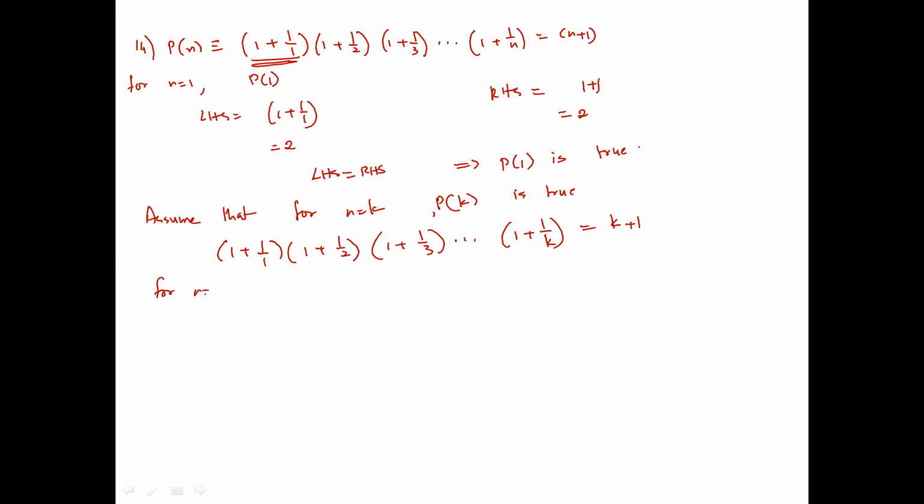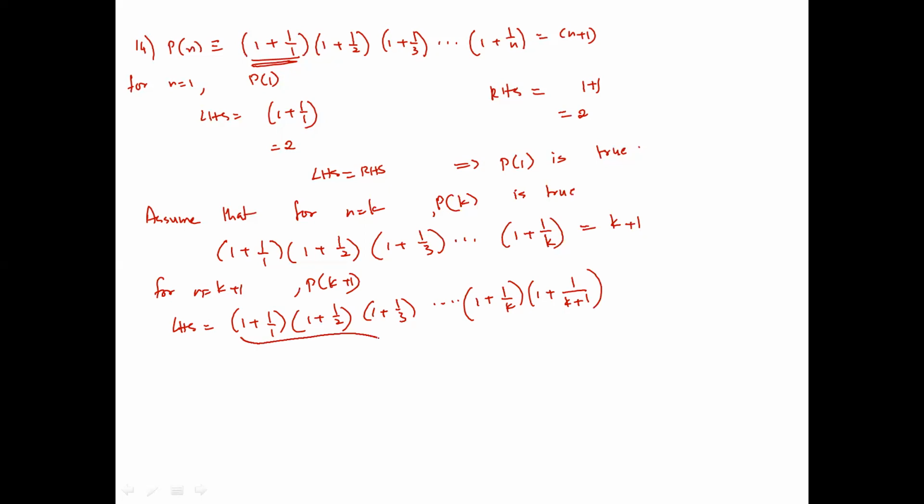So now for n equal to k plus 1, we will take P of k plus 1 but only LHS, which has 1 plus 1 by 1 into 1 plus 1 by 2 into 1 plus 1 by 3. So on. First I will put n as k into next one I will put 1 plus 1 by n as k plus 1. So that the first few terms on multiplication, we can use P of k and write it as k plus 1.